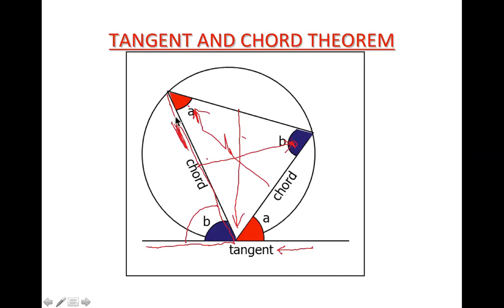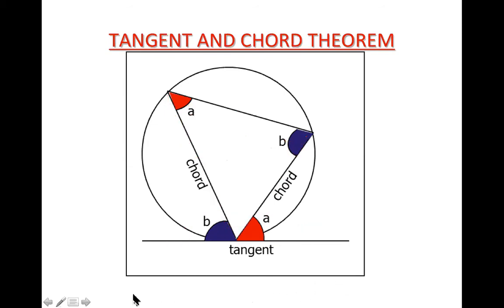If this chord subtends this angle here, then the angle B here must be equal to the angle which is here. Here there is another angle A. It lies between this chord and this tangent. So this angle A is also equal to this angle A in the opposite segment, or what we call the alternate segment. That is another thing you need to remember.